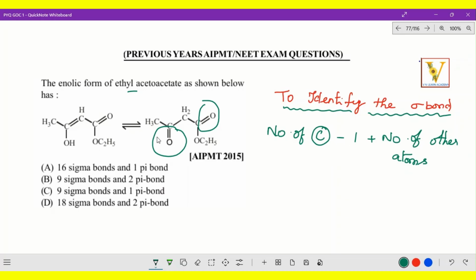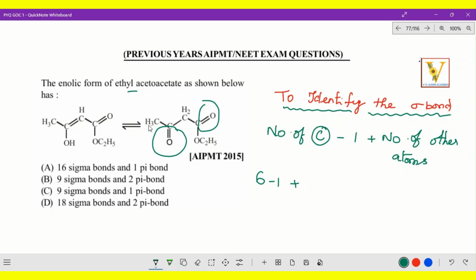So how many carbons are there here? 1, 2, 3, 4, 5, 6. 6 carbons are there, minus 1, plus number of other atoms. So what does number of other atoms mean? What are all the atoms attached to that carbon? Now here 3 hydrogen and 1 oxygen, and here 2 hydrogen, and here 1 oxygen, and here 5 hydrogen and 1 oxygen.